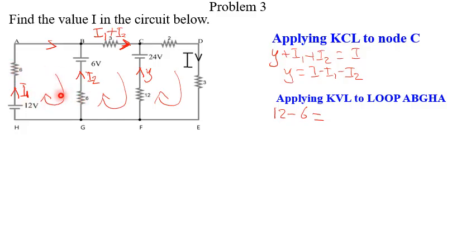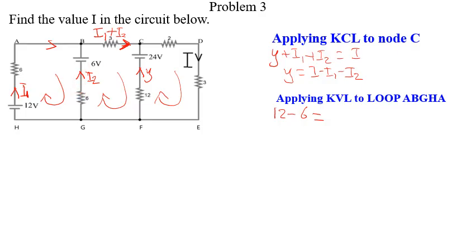We realize that we are going in a clockwise direction, and this current is going in a clockwise direction, so it will be 6I1. Then we realize that I2 here is going opposite to our direction, which is anti-clockwise, so it becomes minus 6I2.